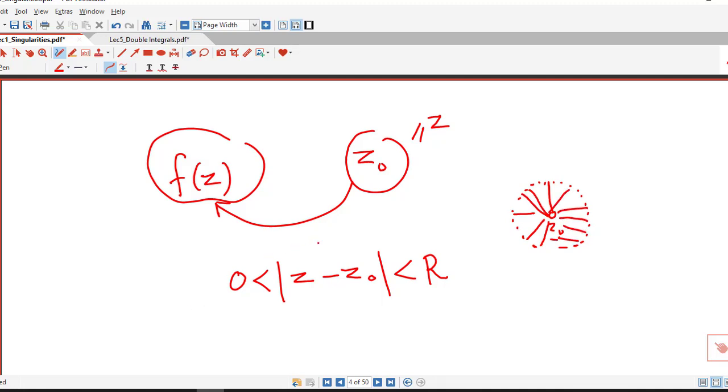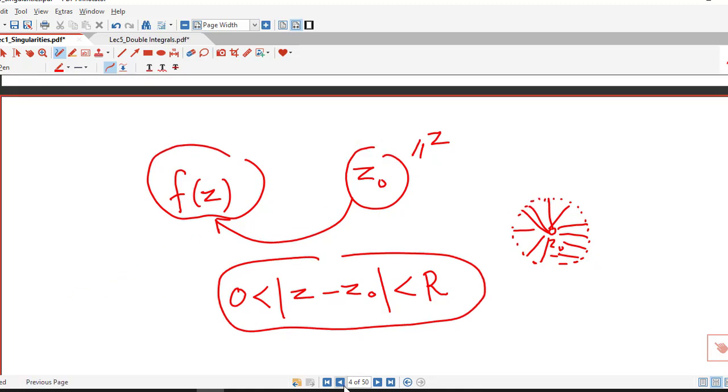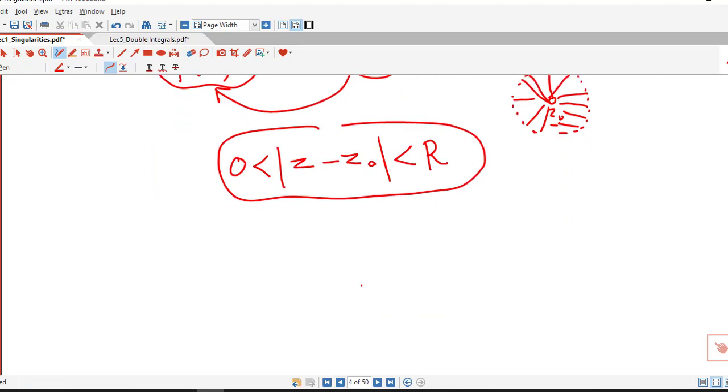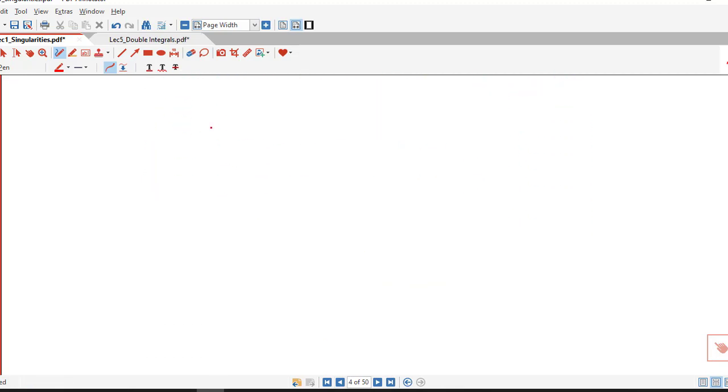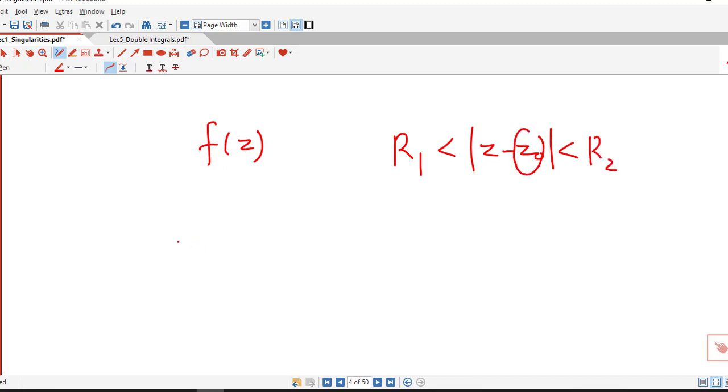Now with this definition in mind, we discuss the classification of isolated singularities. As we know, if our function is analytic in an annular domain centered at z0, then f(z) can be represented by a Laurent series in this annular domain.